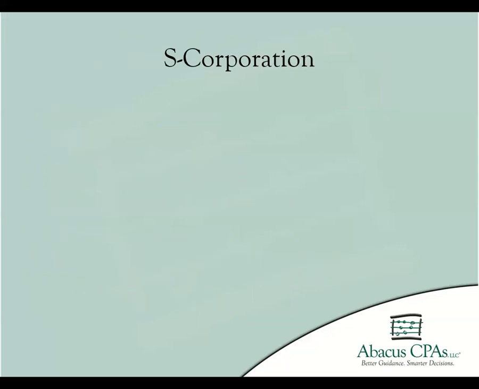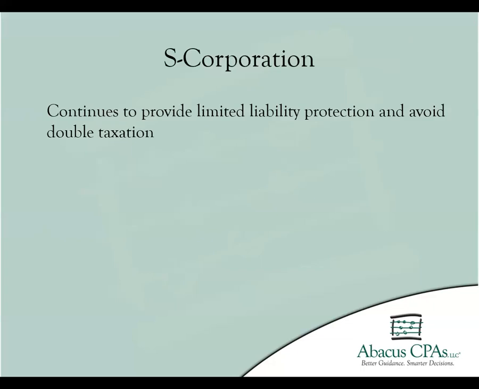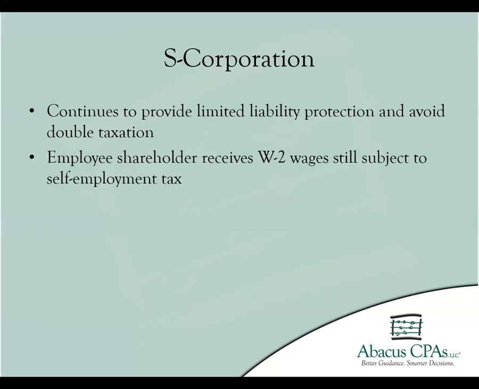One other possible entity choice is to operate your LLC as an S corporation. An S corporation continues to provide limited liability protection and avoid double taxation of profits. An employee shareholder of an S corporation must receive a reasonable wage for services rendered. Any wages paid are subject to self-employment tax, but anything above and beyond wages paid are not subjected to self-employment tax.